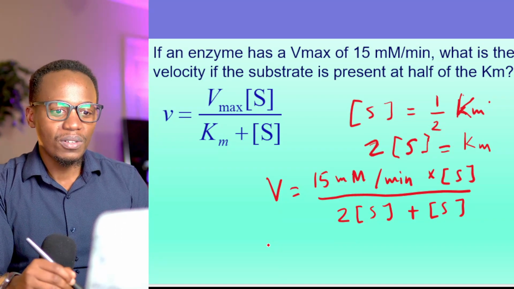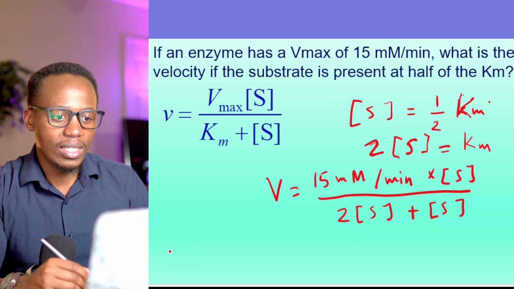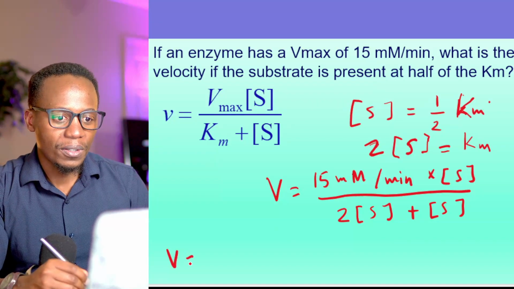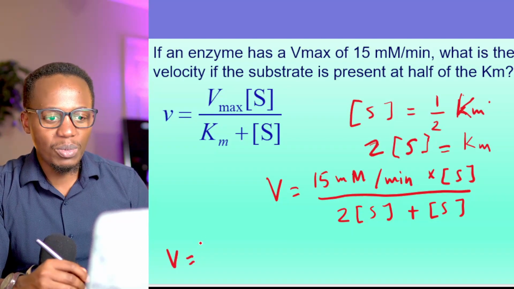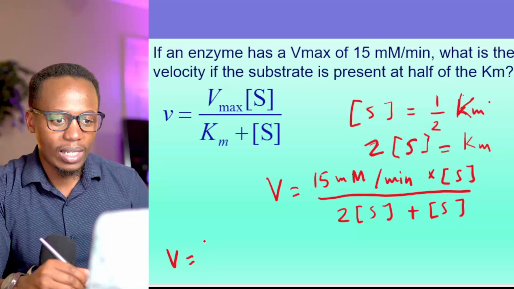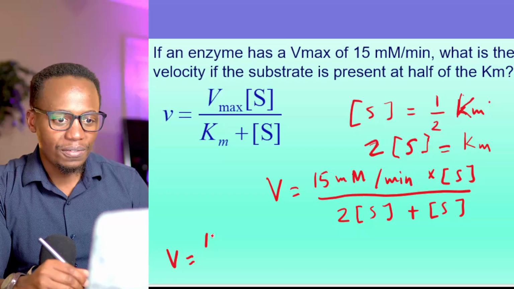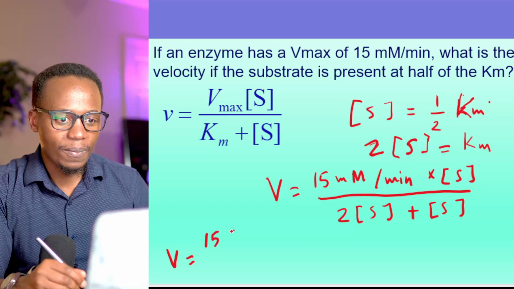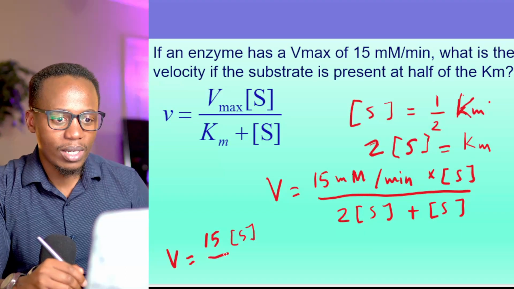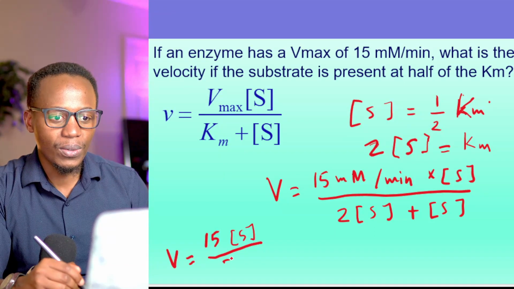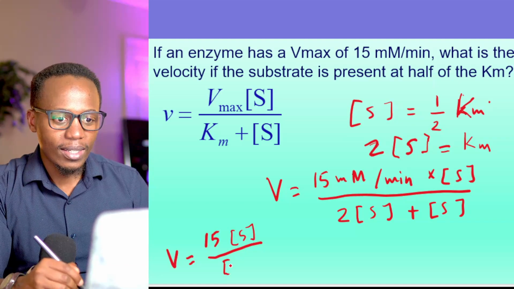So here V is equal to, let's remove the units real quick so that the things are easier, 15S over 2S plus 1S is equal to 3S.